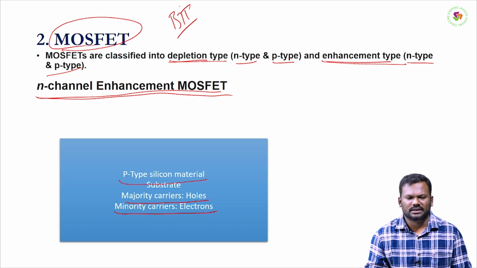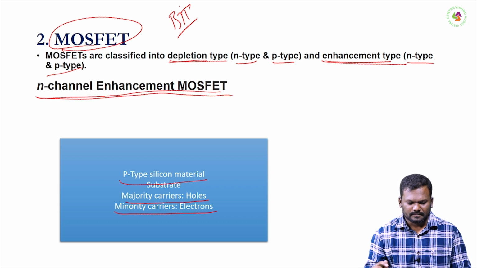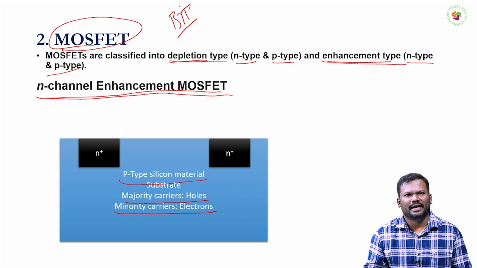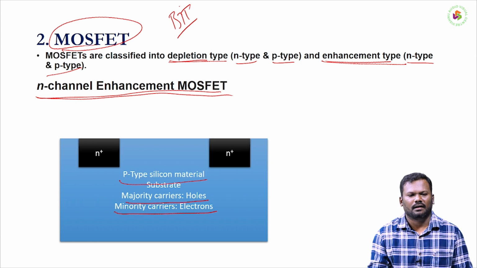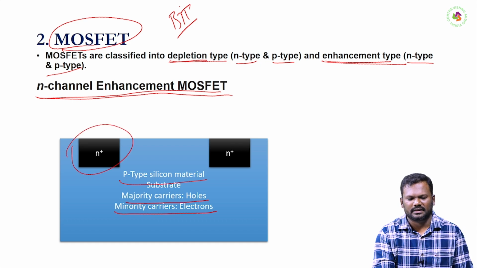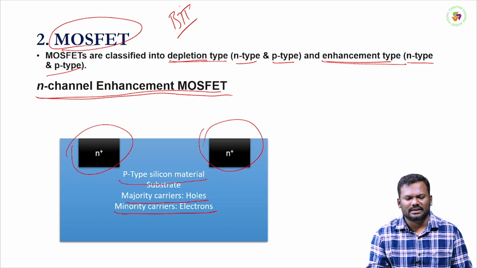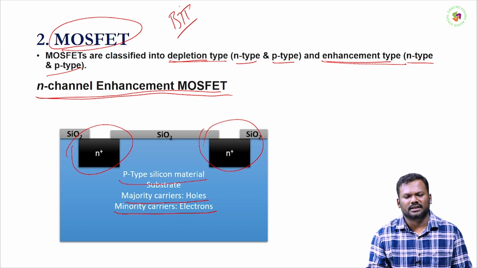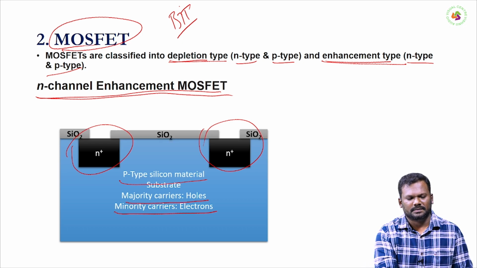After choosing the P-type substrate, next you need to diffuse two heavily doped regions on each end of your substrate. So this is one region and this is another region. These two regions act as source and drain, and we will discuss what source and drain are. Next, you need to grow silicon dioxide on top of the substrate.